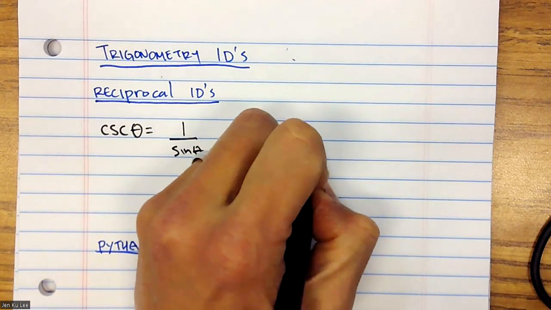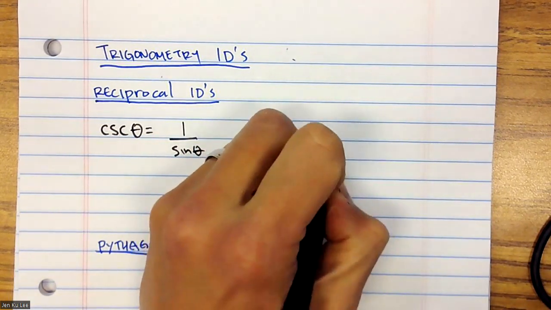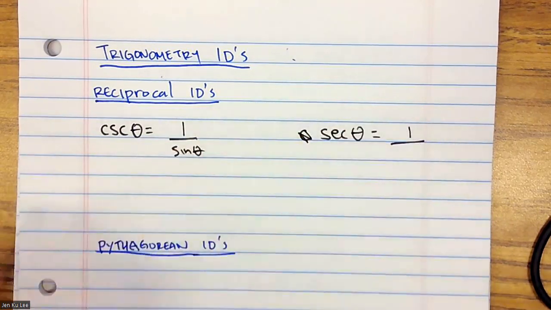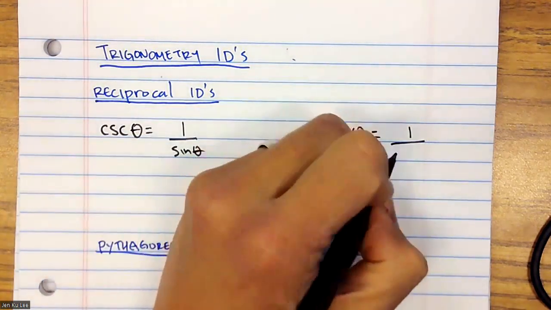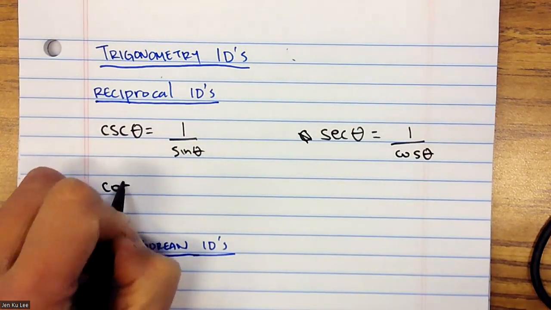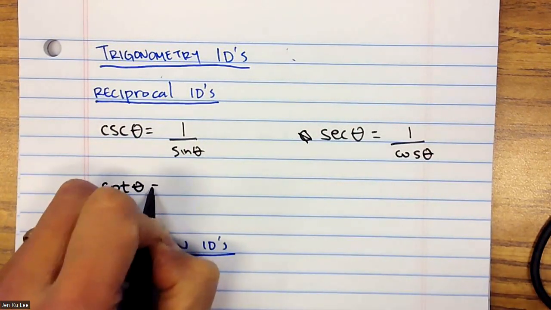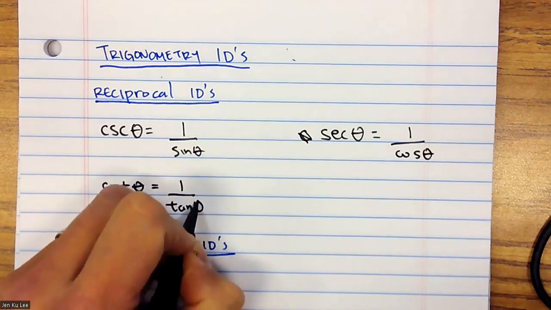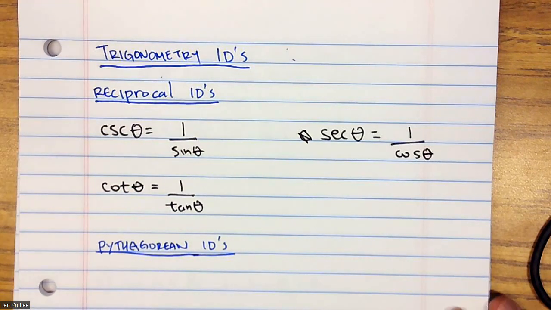Secant of theta is 1 over what? Cosine, right? And then cotangent of theta is 1 over tangent of theta, right?